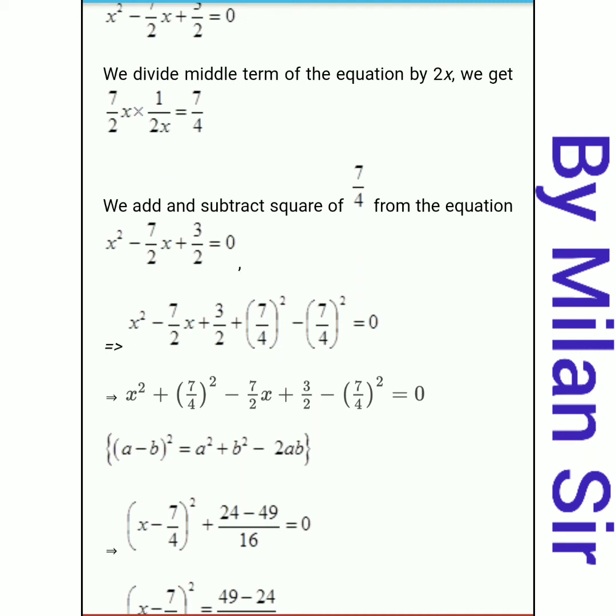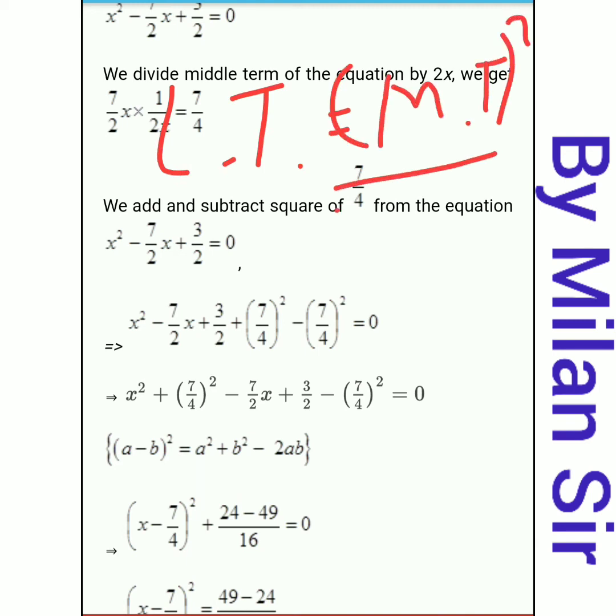In the second method we need to find the last term by using the formula: middle term squared divided by 4 multiplied by the first term. Whatever last term we get, the first 2 terms we write as they are, then put this last term, and solve it.